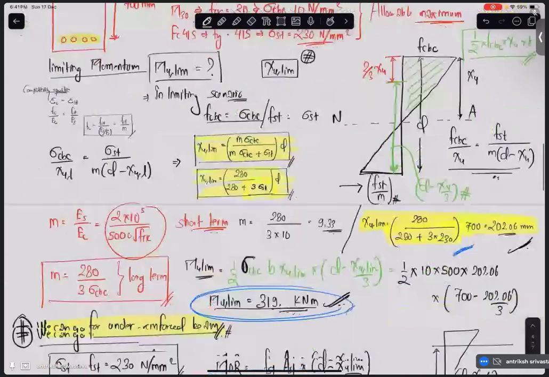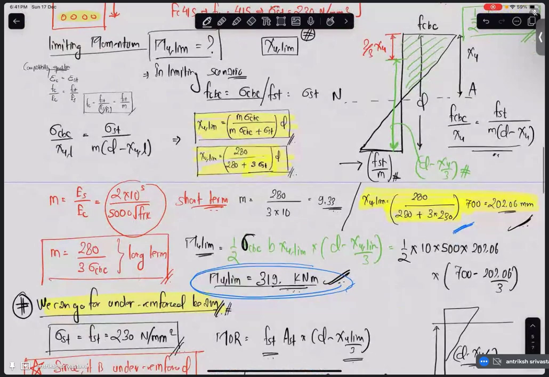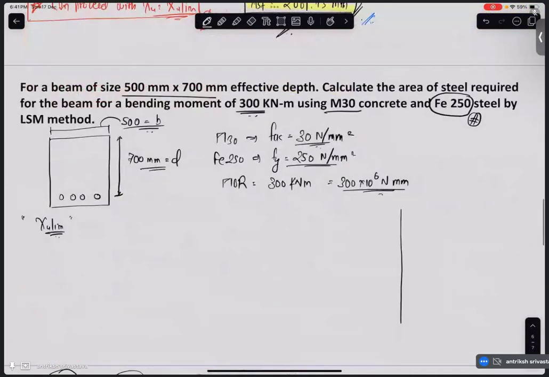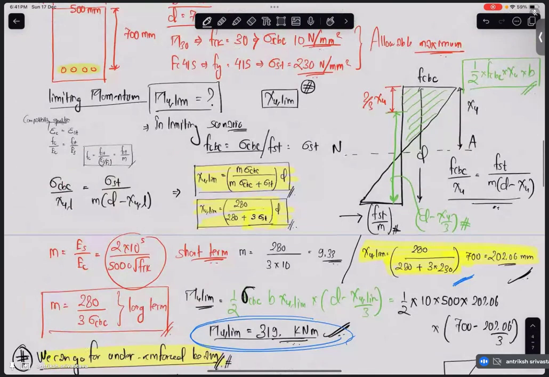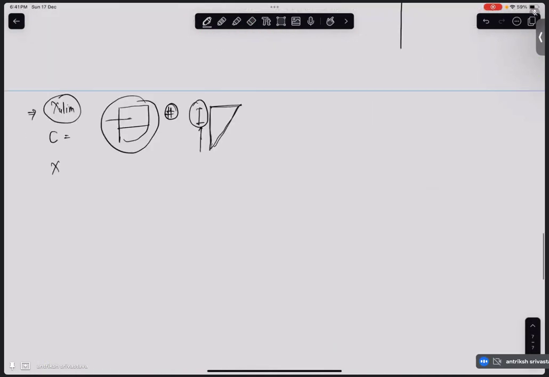Yeah. So here I have made a mistake of writing 2/3 Xu for the centroid from the base, but it should be 1/3 Xu. Regardless, the lever arm I have written correctly here, so it is d minus Xu by 3. So there is no change in the calculation. As we know, for a triangle it is 1/3 from the base and 2/3 from the top of this height.